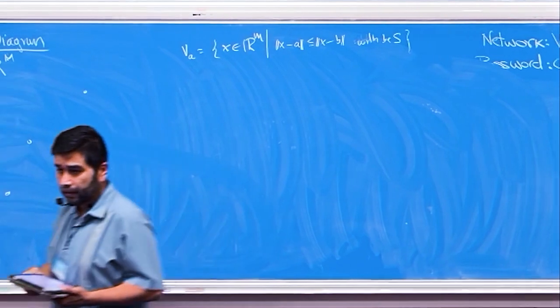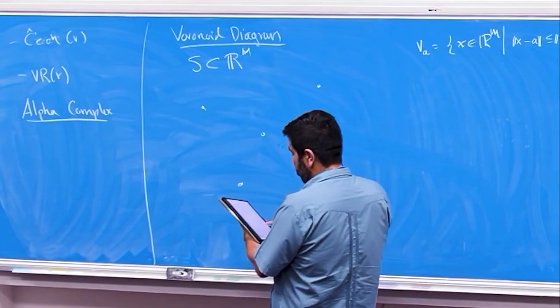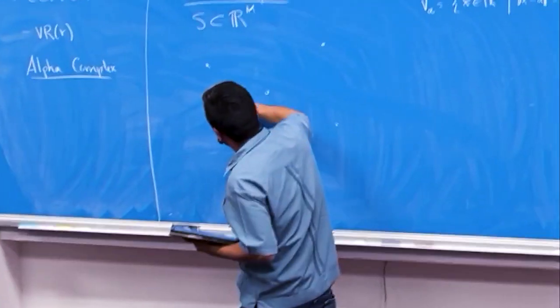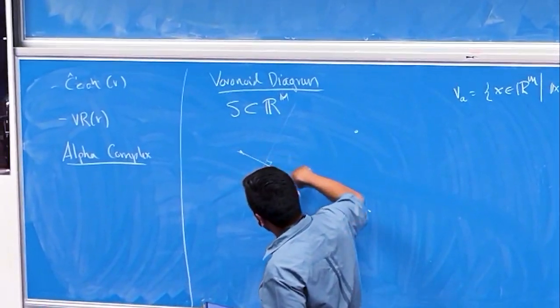For example, in this case, we just need to take the points that are at the same distance between these 2 points, which are the ones in the perpendicular bisector of this segment.